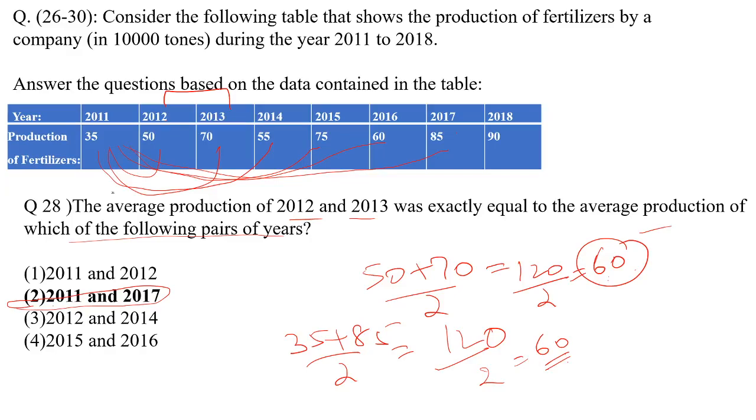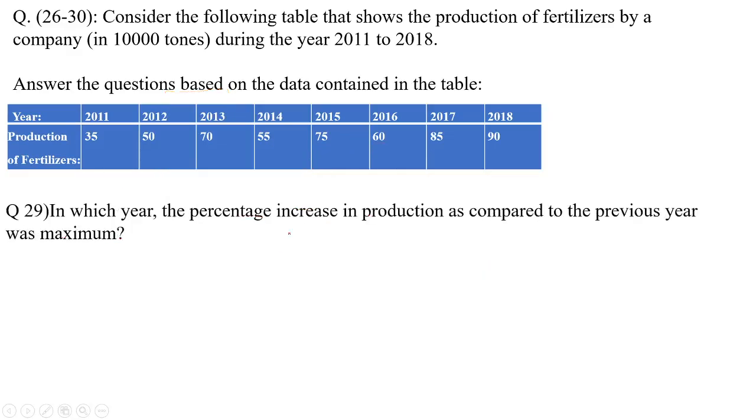The third option says 2013 and 2014: 50 plus 55, sorry, 70 plus 55 is 125, again not 120. The fourth option says 2015 and 2016: 75 plus 60 is 135, again not 120. So this option is correct. Next question.